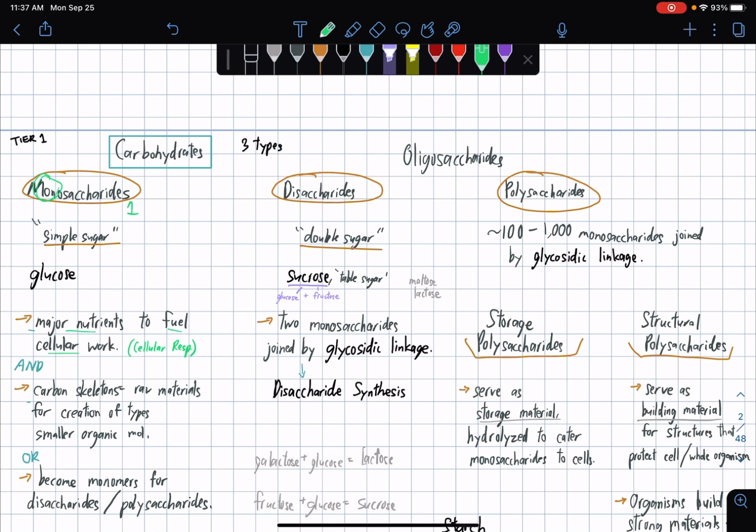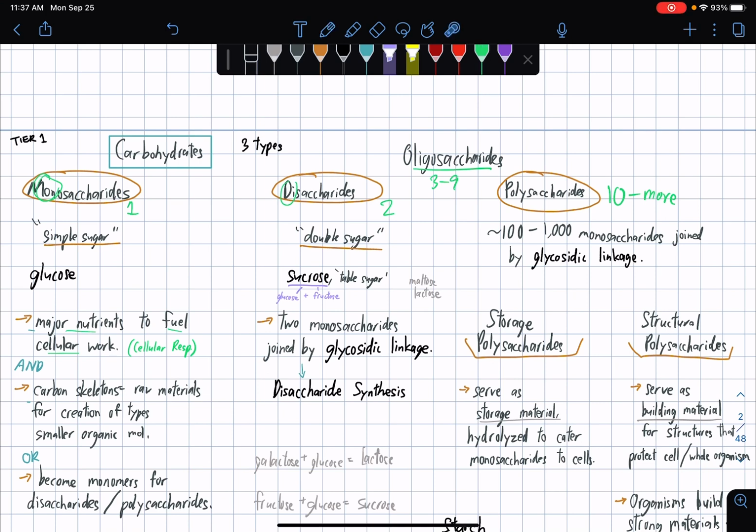There's only one simple sugar. And for disaccharide, coming from the prefix di, it means double sugar, so it will always be two. For oligosaccharides, we have 3 to 9, and for poly, 10 to more.